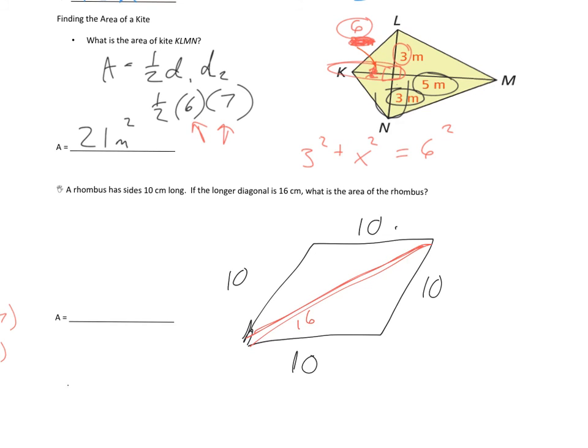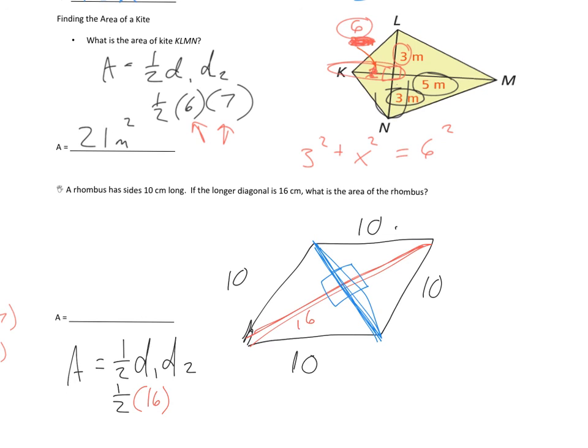I got my formula, 1/2 d1 times d2. They gave me d1 was 16. So now I just have to figure out what my other diagonal is. And this, guys, is where I was just talking about a second ago. This is where I've got to use the Pythagorean theorem. I know that all of these intersect at a 90-degree angle.